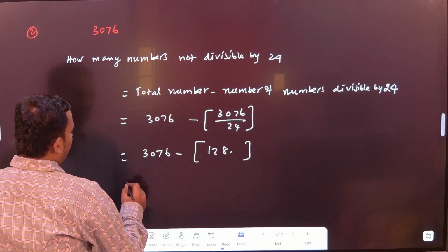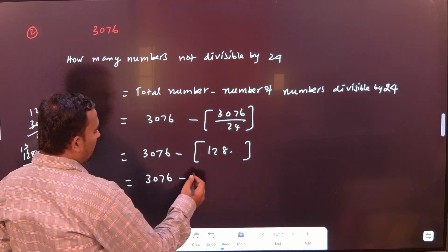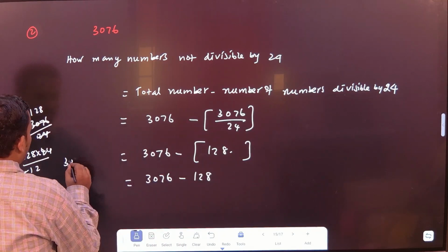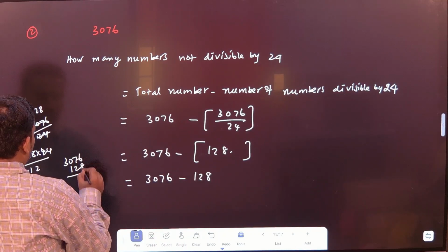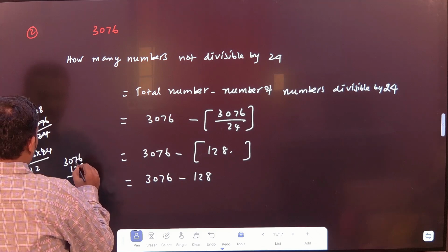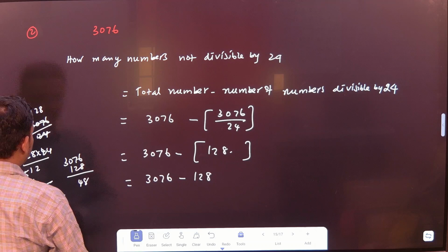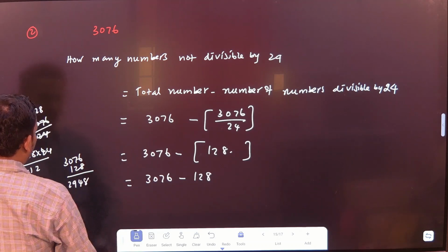Okay, so therefore 3076 minus 128 point something, the greatest integer value is what? 128. Then 3076 minus 128, how much will it be? 2948.